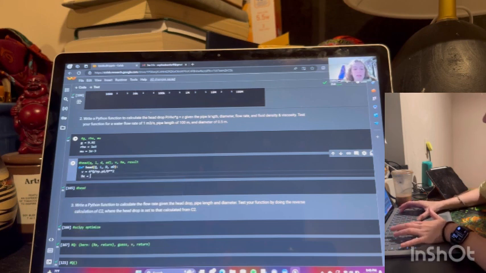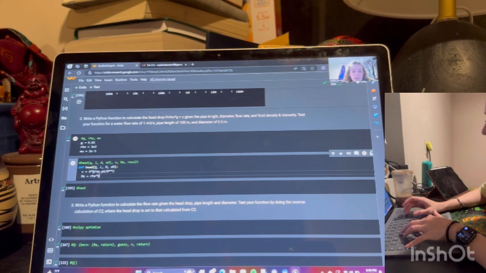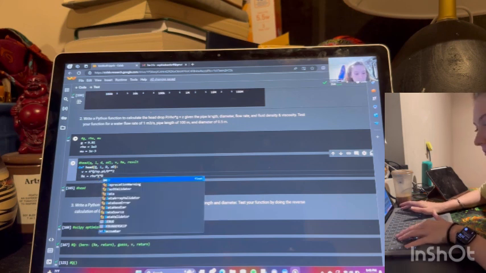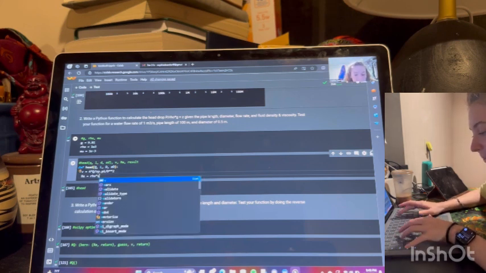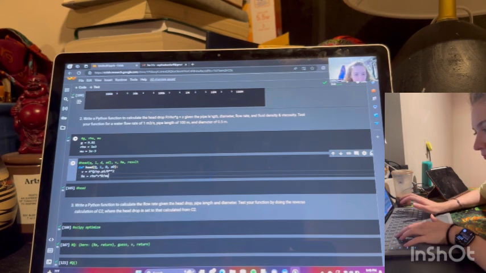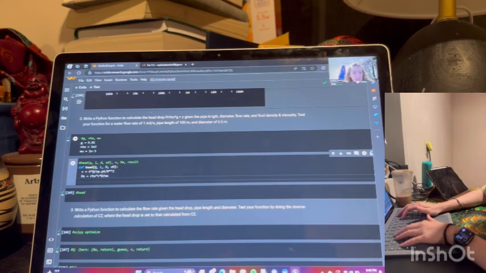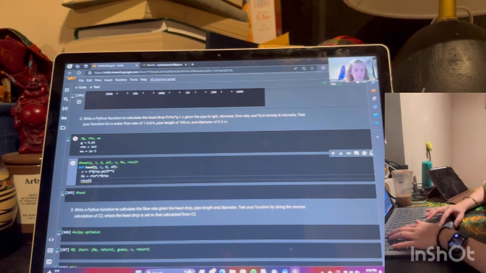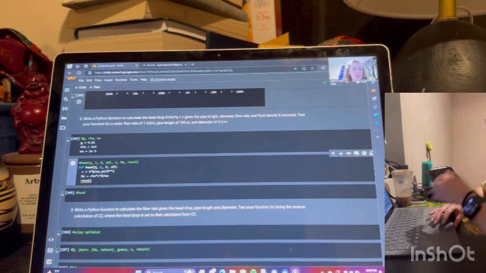We're also going to say that RE is equal to rho times V times D divided by mu. And then we're going to do a result for our Churchill function.